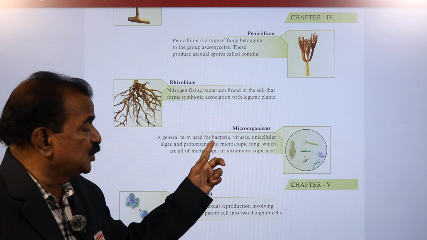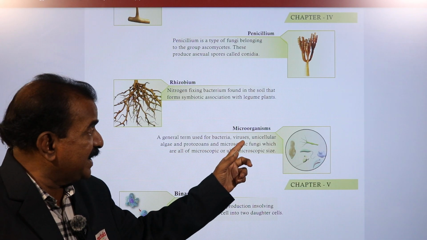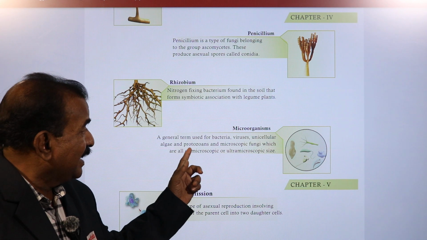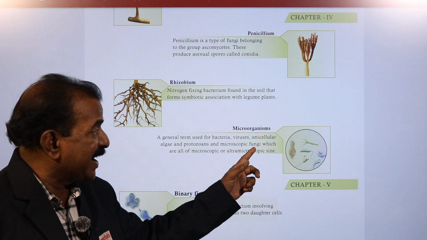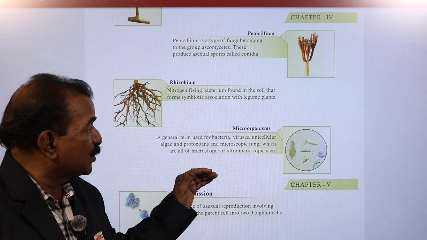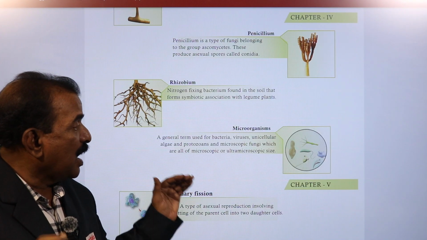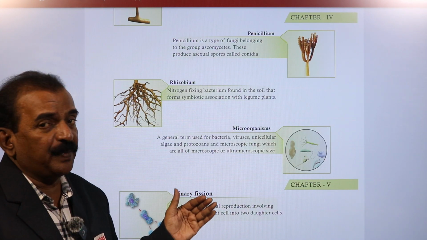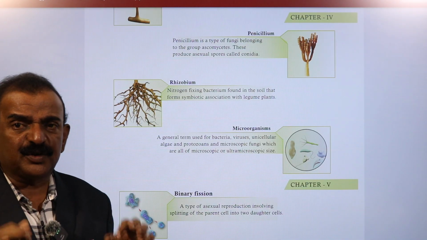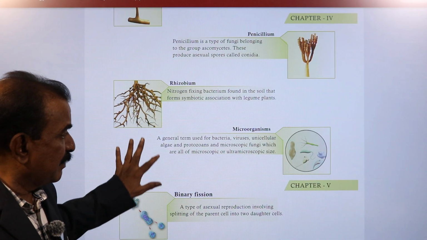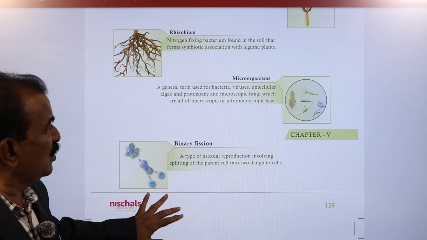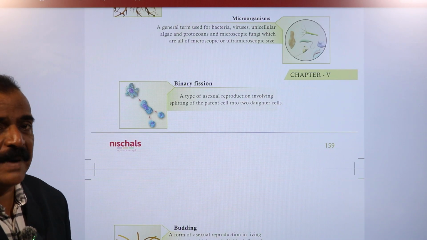It is a general term used for bacteria, viruses, unicellular algae, protozoans and microscopic fungi, which are all of microscopic or ultramicroscopic size, very very small. Now you are observing chapter 5, binary fission.